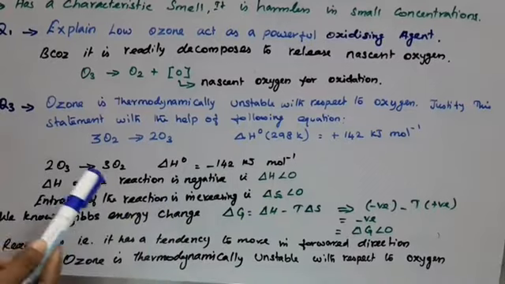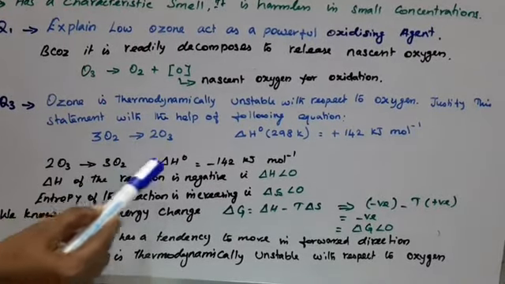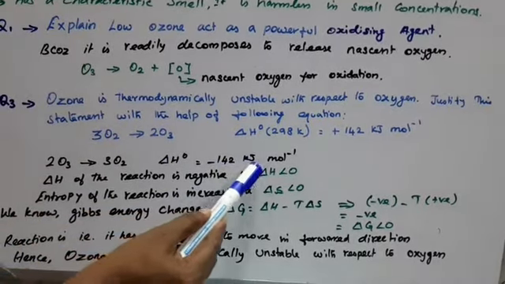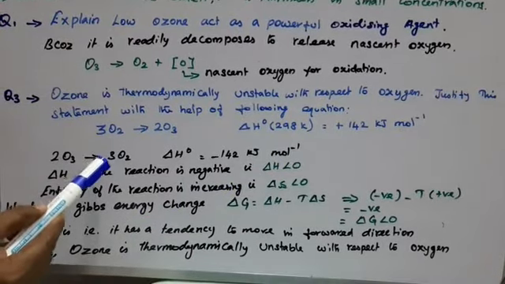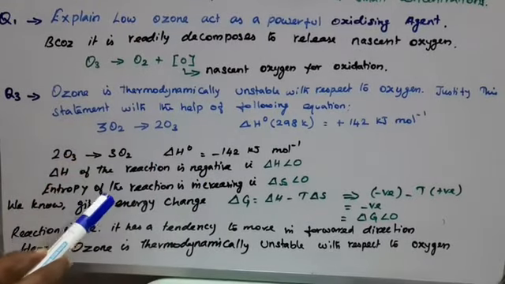When ozone is converted to dioxygen, the enthalpy change has a negative sign, 142 kilojoule per mole. See children, this is with respect to oxygen, so that is why it is thermodynamically unstable.